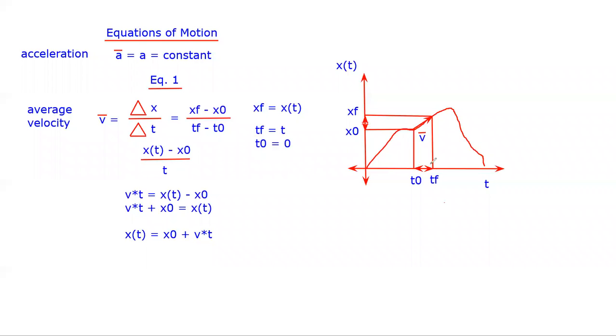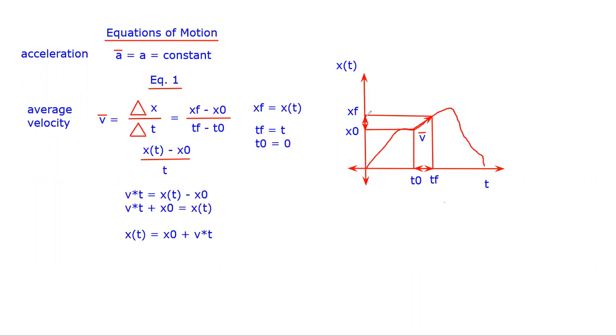And we know that the delta x is going to equal the final position minus the initial position. So that's xf here. And I can't write subscripts, so it would normally be x sub f in your textbook, but it really doesn't matter. It saved me some time. So xf here is the final position, and x0 is the initial position.